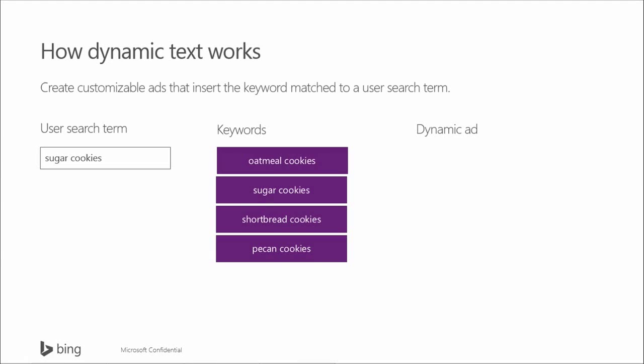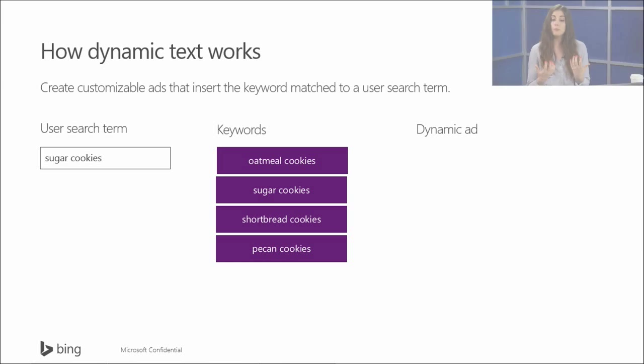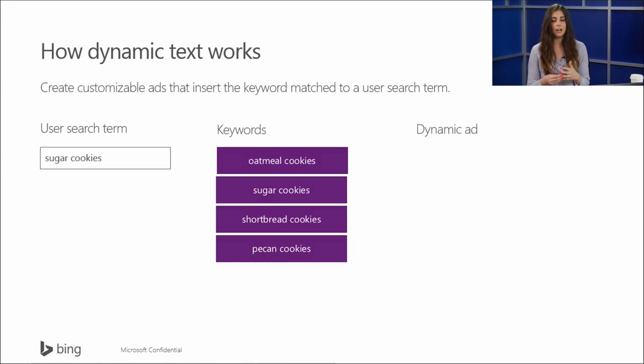So we're going to take an example here of a user who is searching for sugar cookies. And Mary, again, this isn't something I would recommend structuring an ad group around, but for example's sake, to really get an idea of how dynamic text works, let's say that Mary has an ad group that has these 4 different cookie keywords in it.